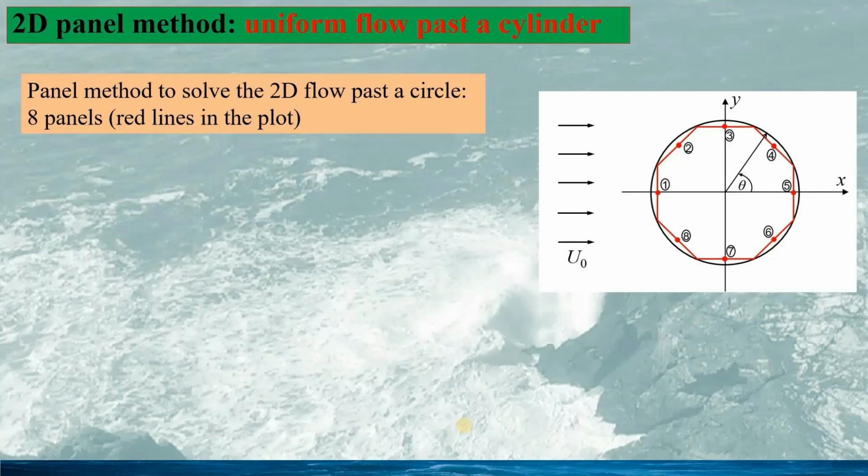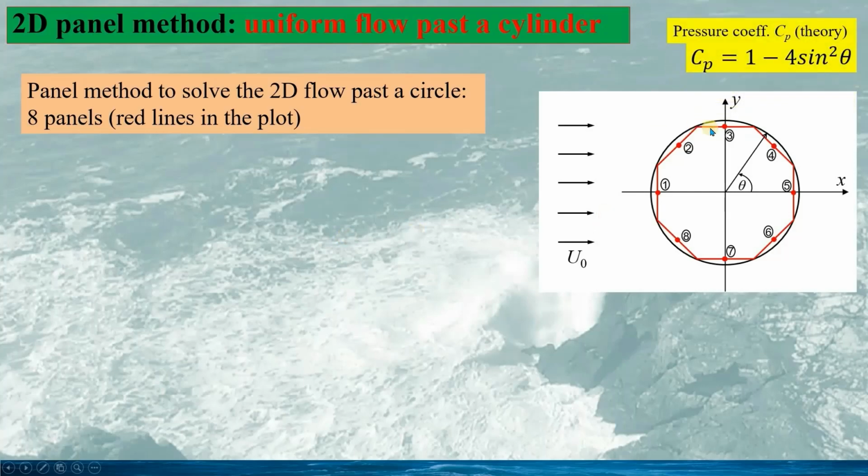Now we will have a look at an example. The uniform flow past the cylinder, or past the circle, the black line. And here we will use the panel method to solve the 2D potential flow past the circle. We use 8 panels, the net line, 1, 2, 3, 4, 5, 6, 7, 8, and the red dots are the control points.